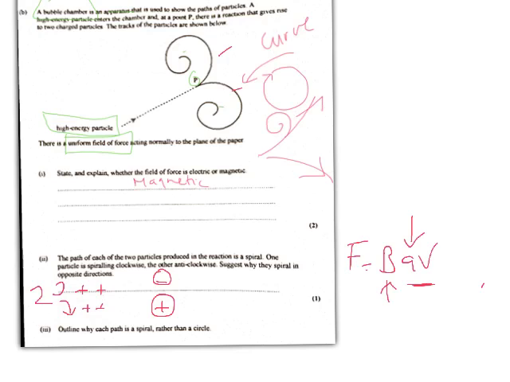The third one, also quite a common and easy question. The path is a spiral. It should be a circle because the force is constant. However, something must be decreasing because the radius of the circle it's moving in is becoming smaller.